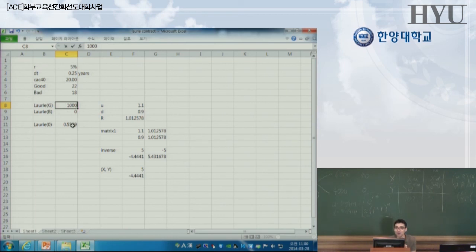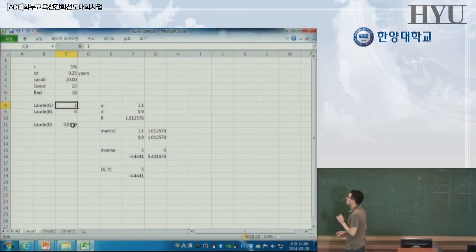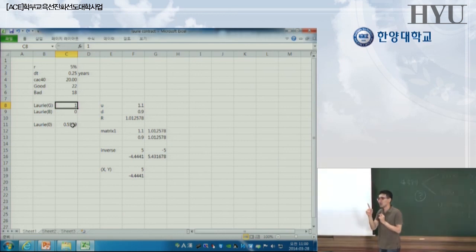I can multiply by 1,000. Same, right? Because as far as we know the value of the contract that just pays $1 in the good scenario, like $10, $100, other contracts are simply multiples. We can buy 100 contracts from Rory. This is exactly the same contract that pays $100.